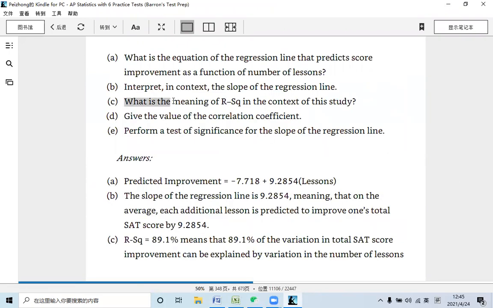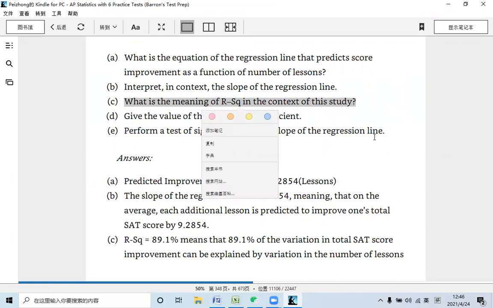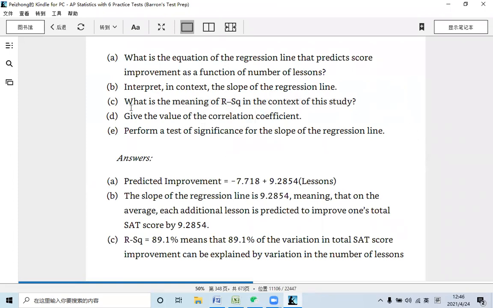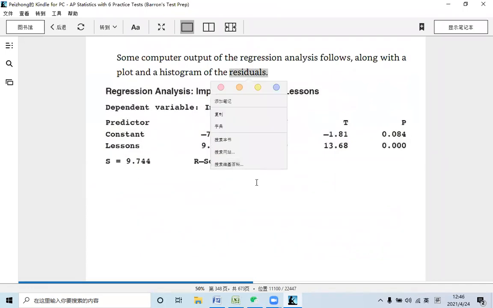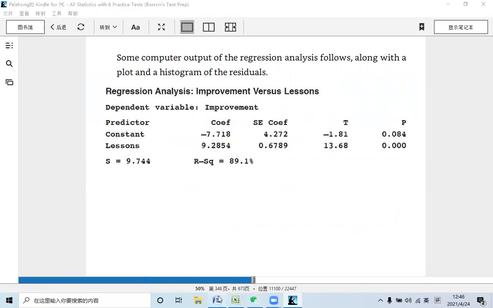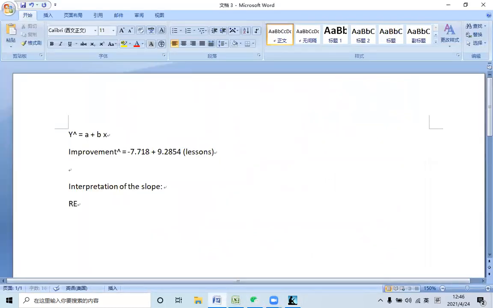And then R squared. What is R squared? R squared is the correlation coefficient squared. And from the R squared, you can calculate the correlation coefficient. So what was R squared? 89.1%.